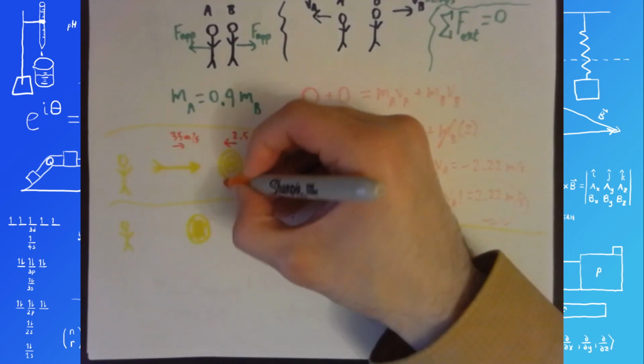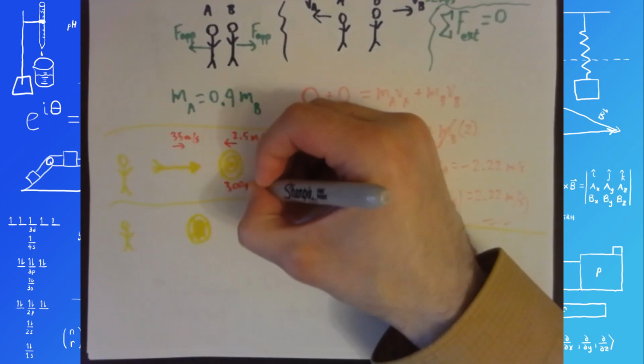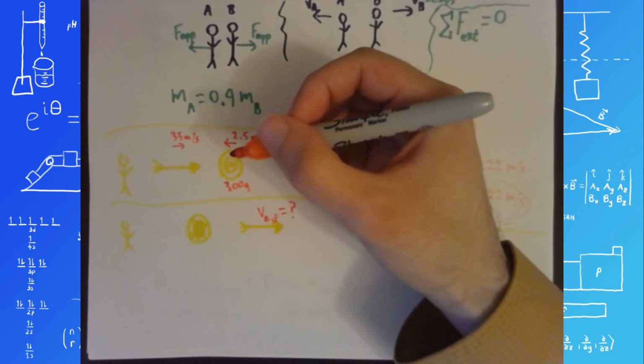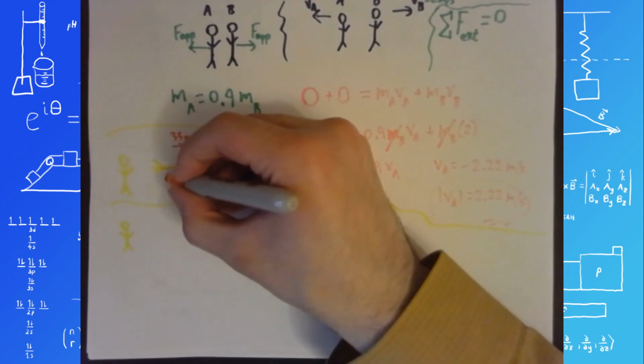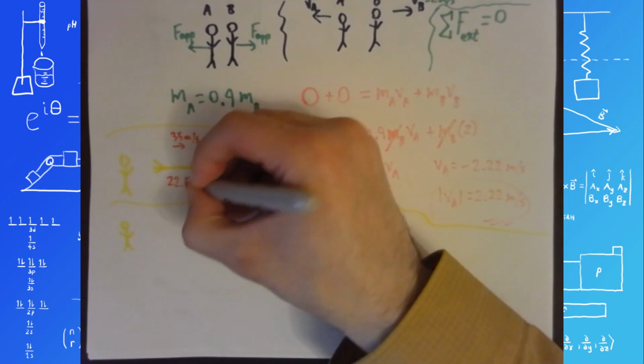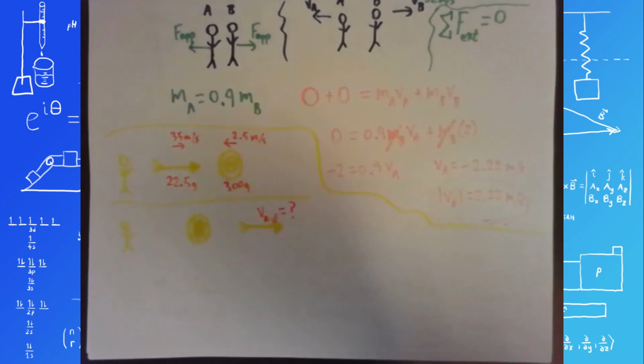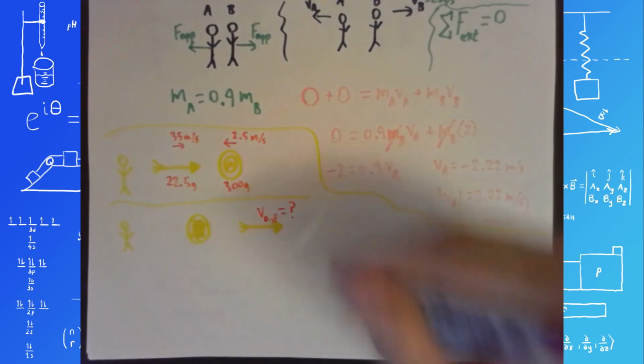So the target was 300 grams. The arrow was 22.5 grams. And that should be all the information we need. So let's go ahead and justify the use of conservation of momentum.